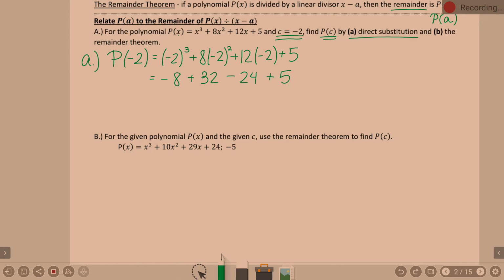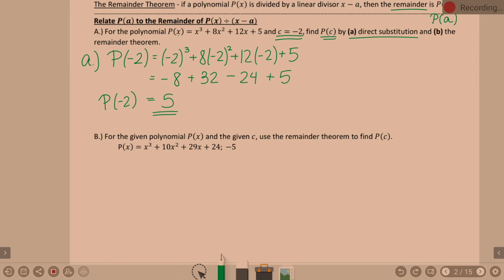My brain says -8 and -24 are -32, plus 32, 0, and then plus 5. Okay, so that right there, that P of -2, folks, this is the remainder theorem. That's saying if we were to do the division, the remainder is 5.